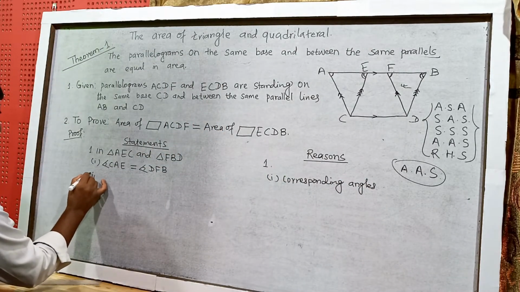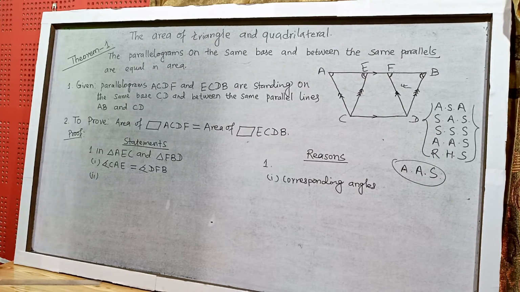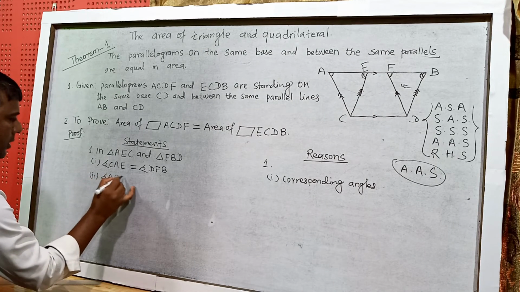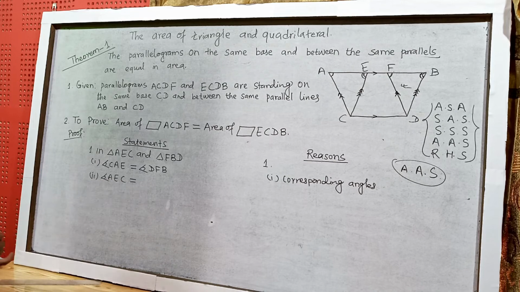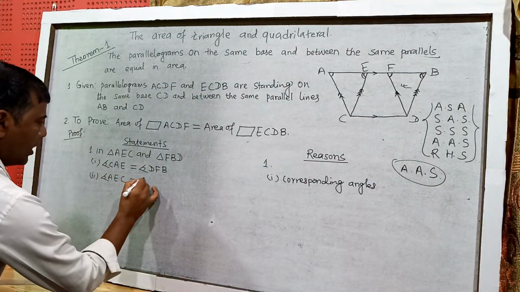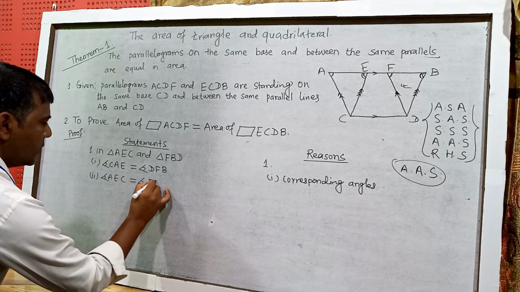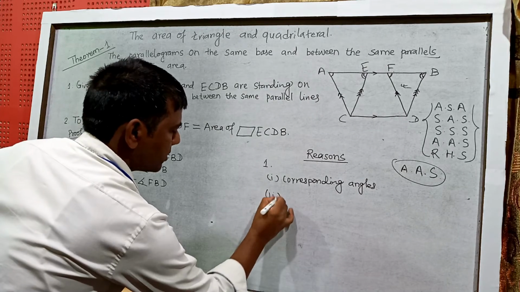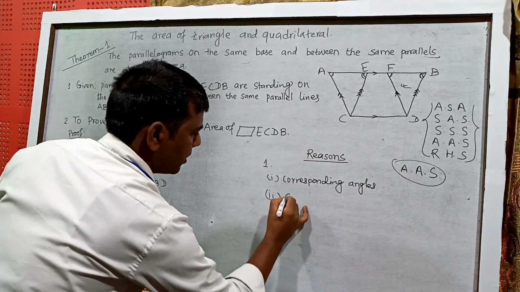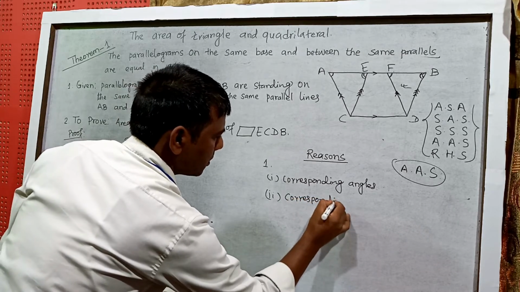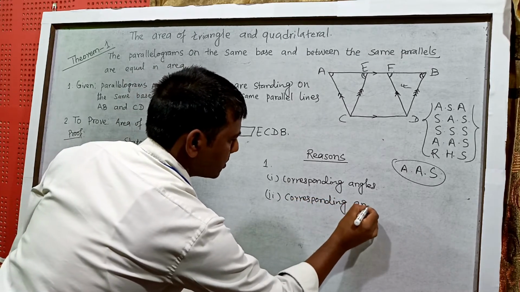And in 2 number, angle AEC equals angle FBD. They are also corresponding angles.